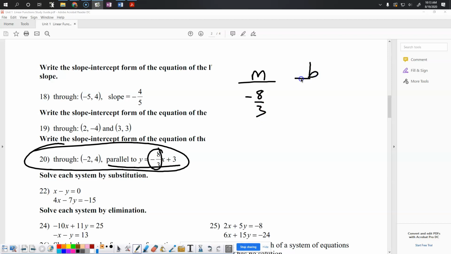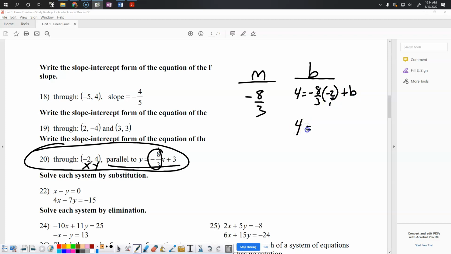Part B, to find your y-intercept, you're going to plug in the x and the y that they gave you and the slope to find the b value of the new equation that you're finding. So if we do that, we'll have 4 equals negative 8/3 times negative 2 plus b. All right. So put that over 1 and multiply straight across.